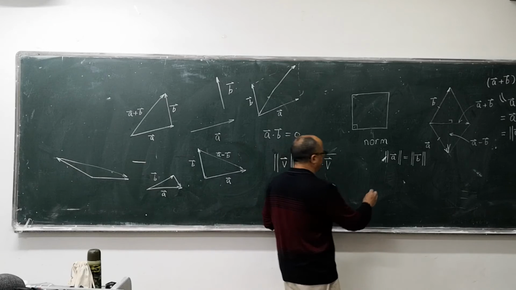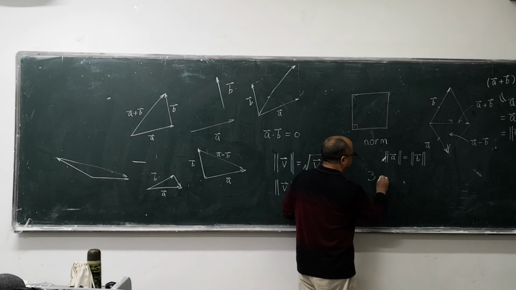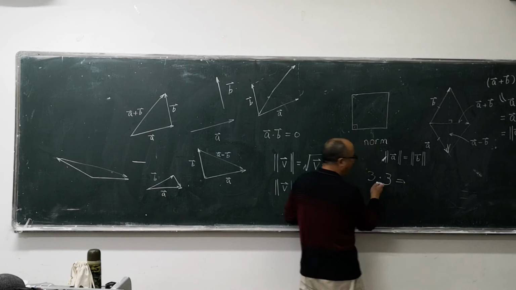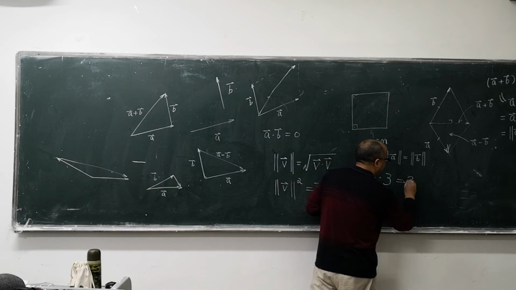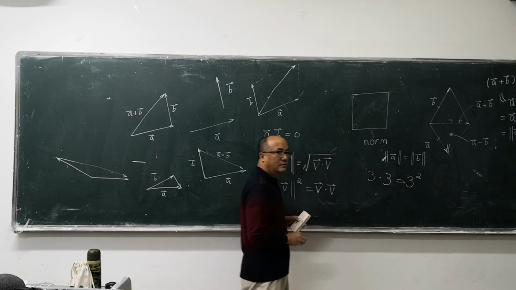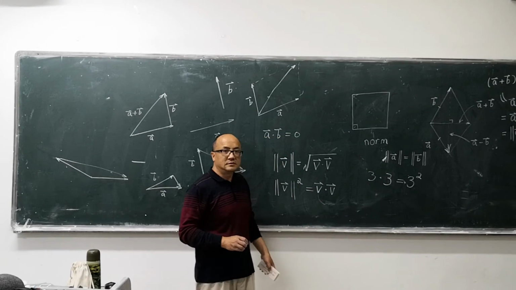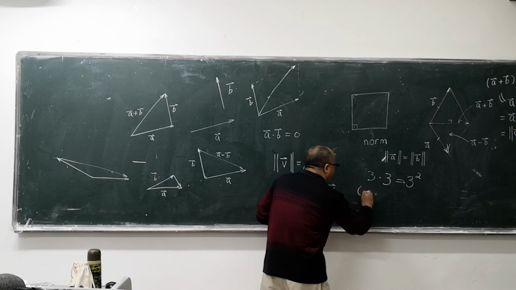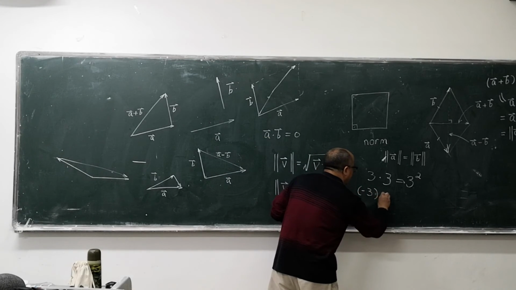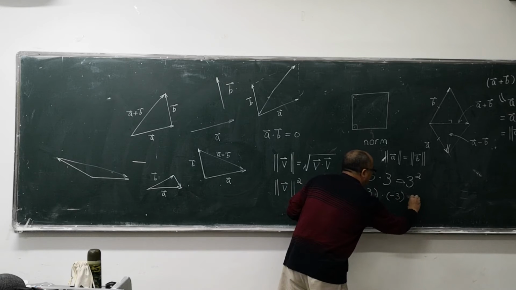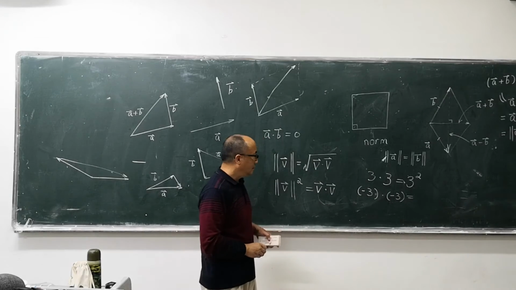Sort of like, 3 dot 3 is what? 3 dot 3 is 3 squared. Minus 3 dot minus 3 is what?